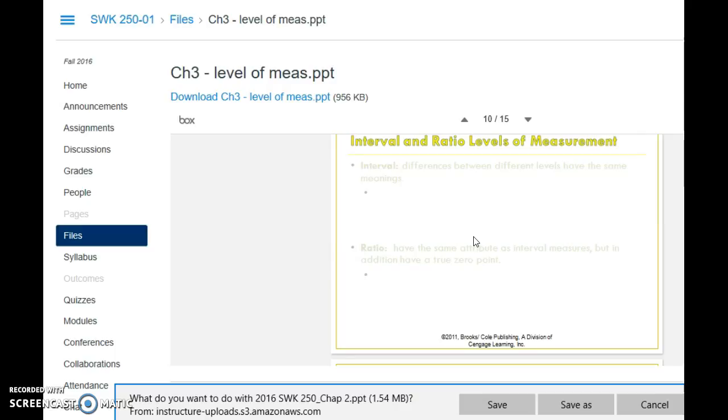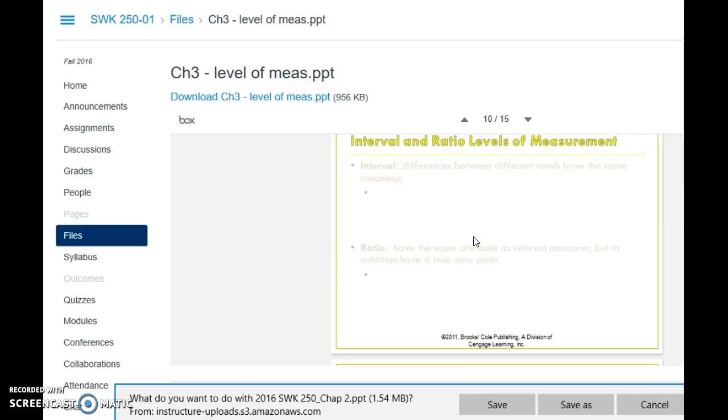Same thing with ordinal, 1, 2, 3, and 4. We do know that the levels like very dissatisfied, dissatisfied, satisfied, and very satisfied are sequential. If we had a 1, 2, 3, 4 assigned to those respectively, it shows that they are ranked.